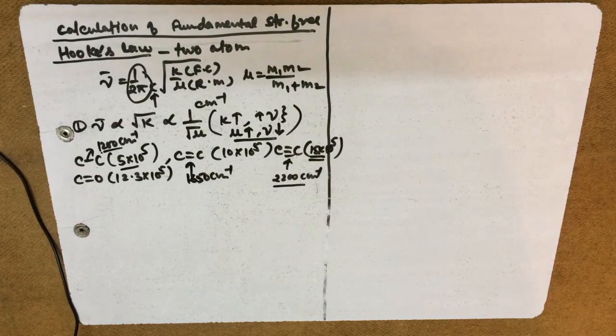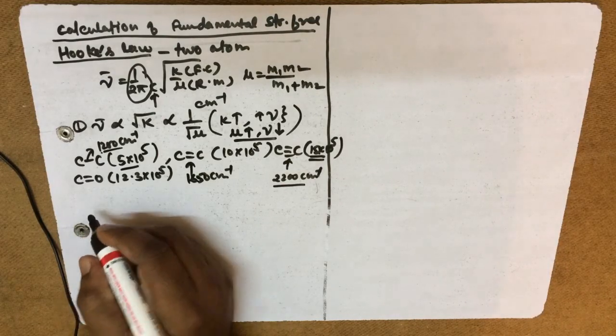If I ask why hydrogen bonding lowers the absorption frequency: hydrogen bonding also affects the absorption frequency and decreases the stretching frequency. If you increase the bond length, then obviously the force constant decreases and the stretching frequency decreases. This is the theme of hydrogen bonding.